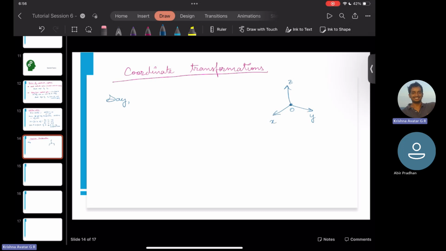And we have a certain body in which we have this X, Y, Z. It will be some arbitrary values. And of course, they will also be following the right-hand rule. Now let me call it X prime, Y prime, and Z prime to distinguish it.